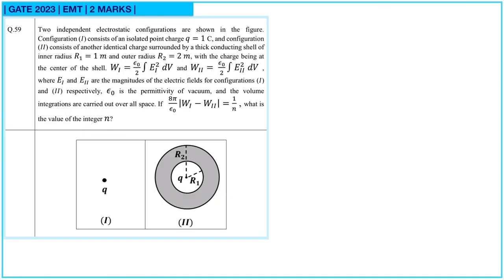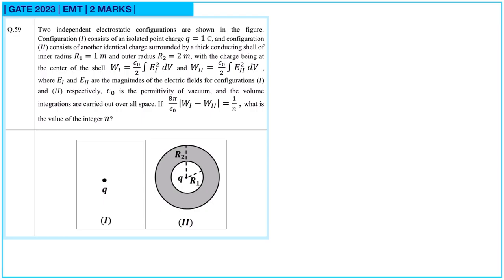Next question. Two independent electrostatic configurations are shown in the figure. Configuration 1 consists of an isolated point charge q is equal to 1 coulomb, and configuration 2 consists of another identical charge surrounded by a thick conducting shell of inner radius r1 is equal to 1 meter and outer radius r2 is equal to 2 meter, with the charge being at the center of the shell.